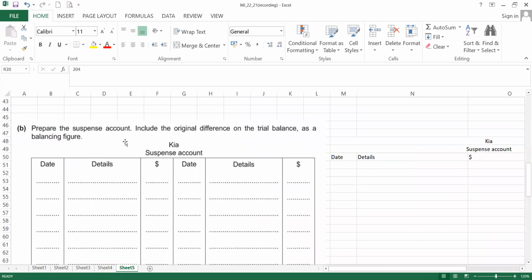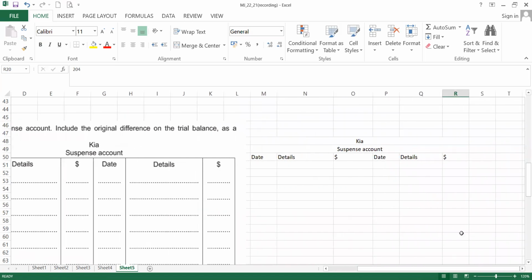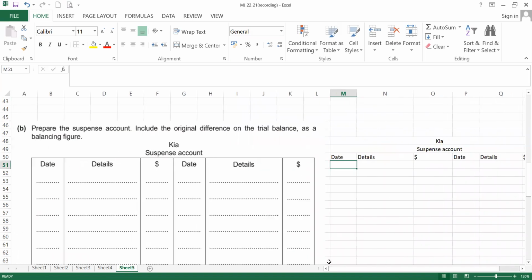Here they ask to prepare the suspense account, including the original difference on the trial balance. So in this case, we do not know what the opening balance is, so we leave the first row, don't touch it first, because we don't know the amount.